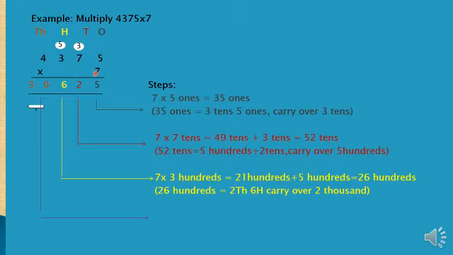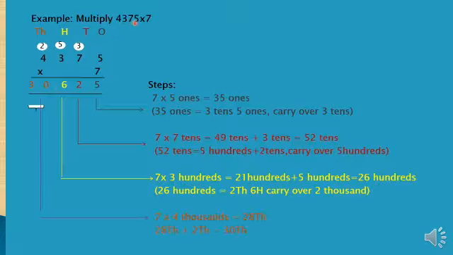Next, you have to multiply 7 with 3 hundreds. It is 21 hundreds. Plus 5 hundreds. It is 26 hundreds. 26 hundreds is same as 2600. Therefore, write 600 under hundreds place and carry 2 to thousands place.